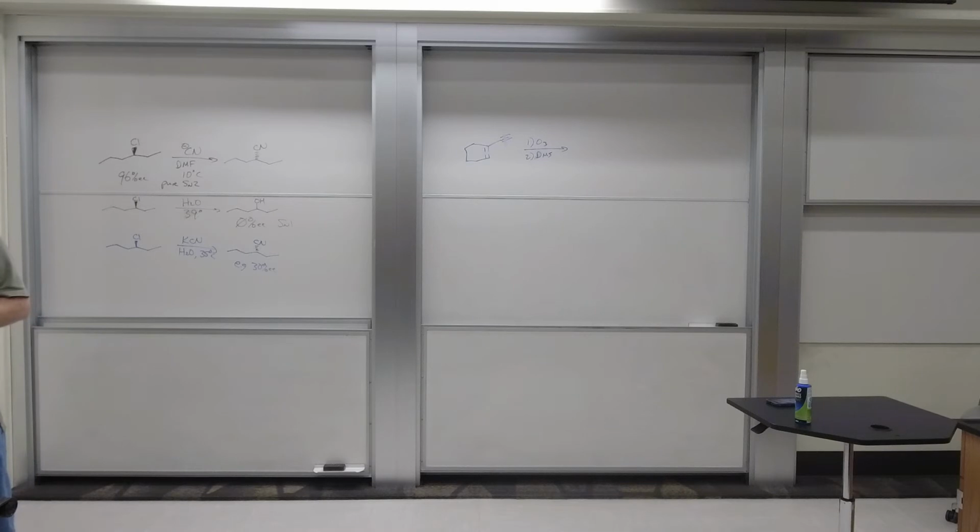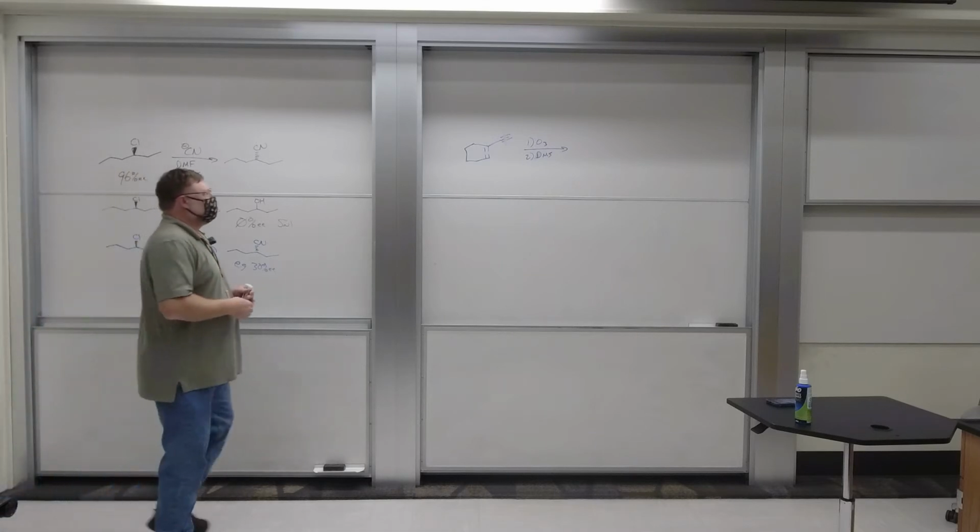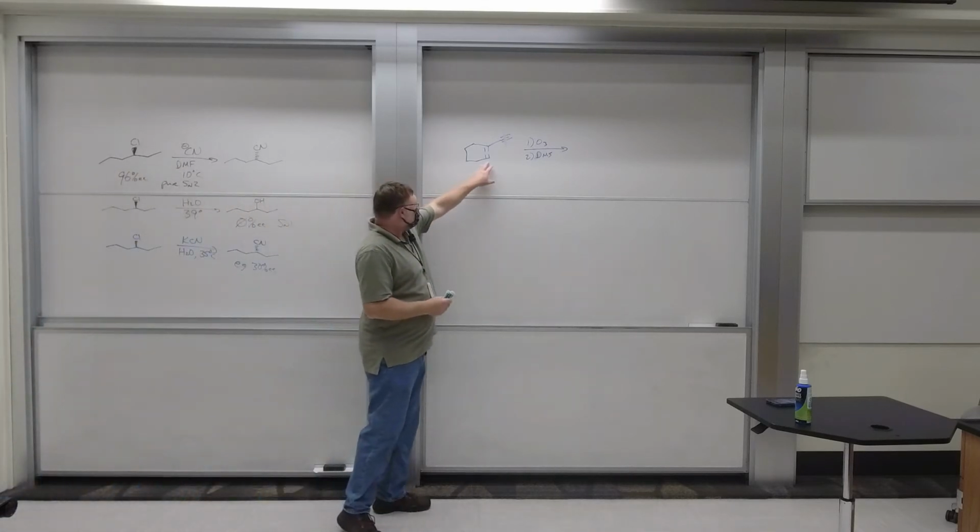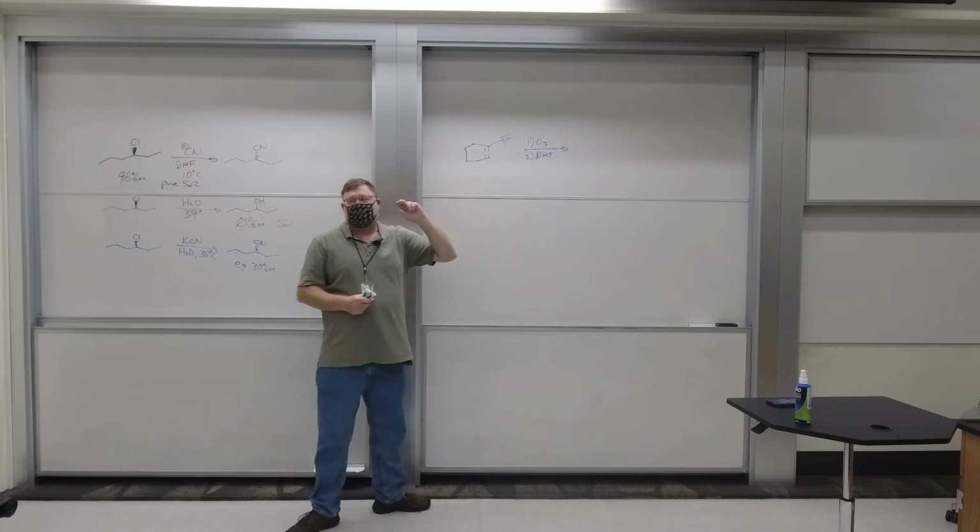I think it's the only reaction where you completely sever carbon-carbon bonds in Orgo 1. You'll see more of that in Orgo 2, but carbon-carbon bonds tend to be hard to break.